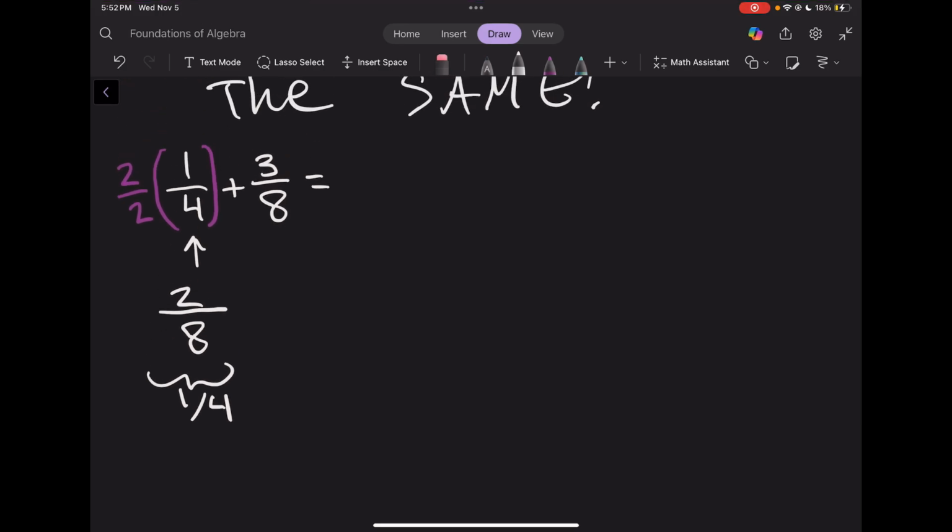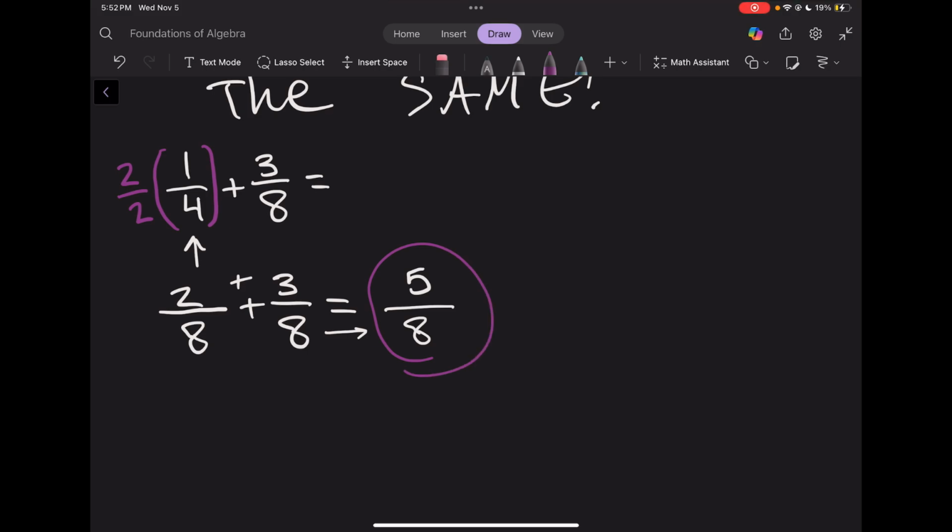So now we have 2/8 plus 3/8. Since our denominators are the same, we're just going to bring that denominator over and add across. So 2 plus 3 is 5, and our answer is 5/8.